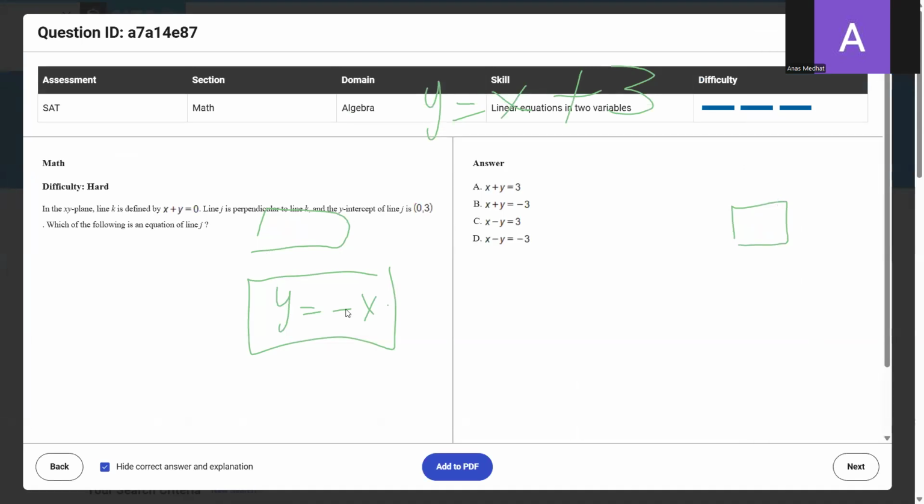If we shift x to the other side, we get y minus x equals 3. And you can also get it in another way. Multiply the whole equation by negative: x minus y equals negative 3. So the answer is D.